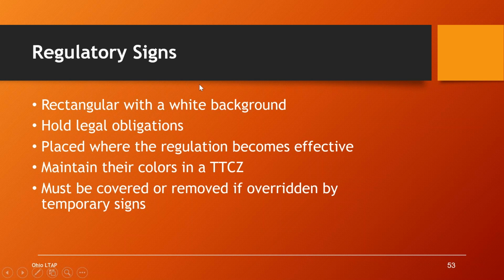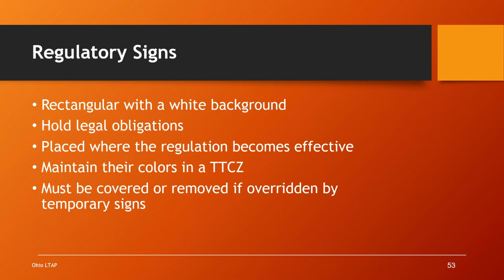So sometimes we have to use regulatory signs in our work zones. Most of the time when we do that, we're at an intersection. So we have to include those signs in intersection work, especially if we're going to be there for a while, more than an hour at least.